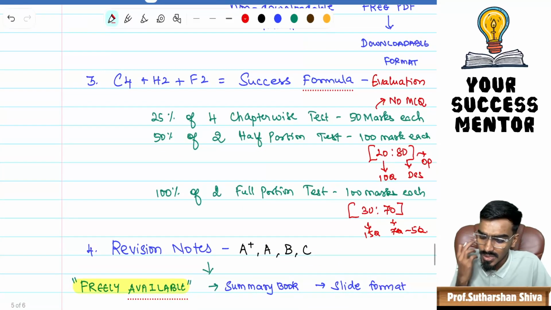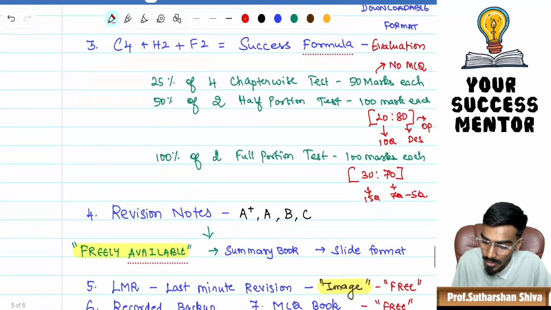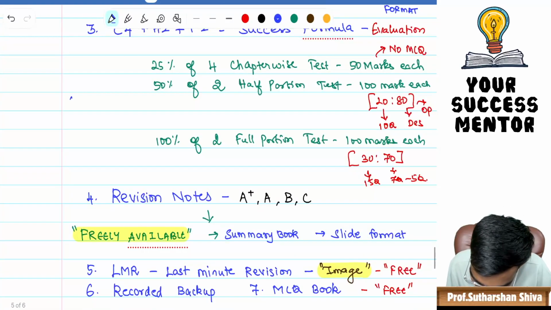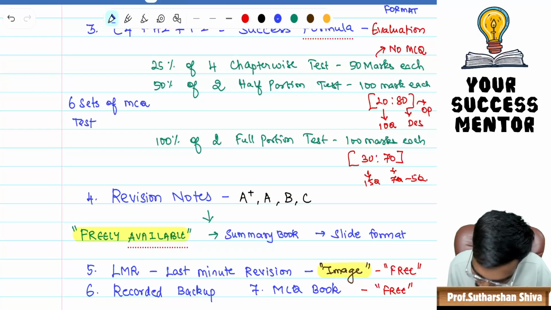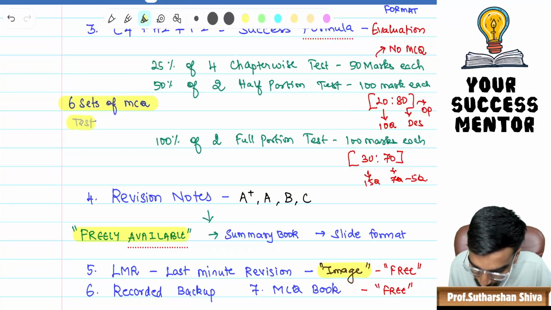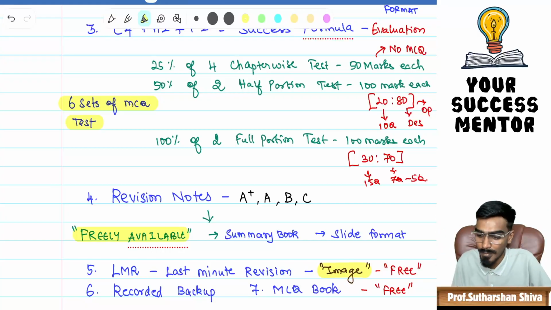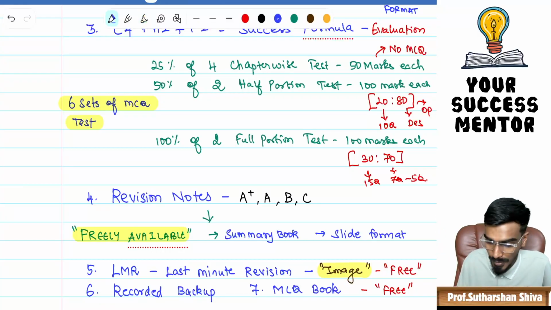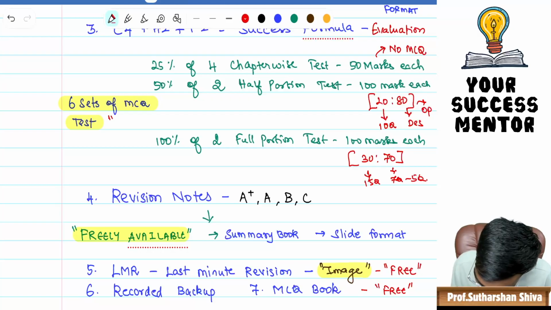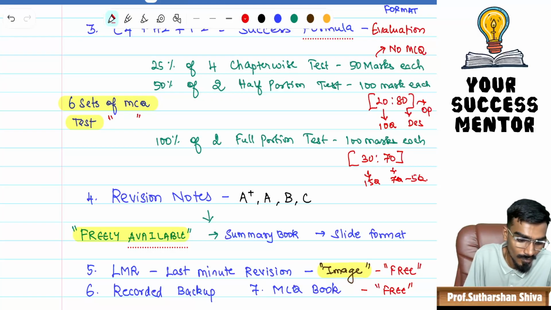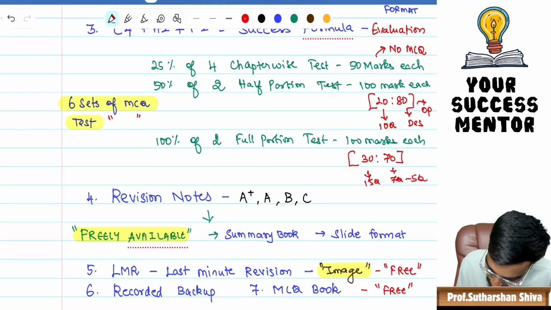Sir, you only said you will be only conducting this test series. No, you will be having 6 sets of MCQ test, which we are planning for pan India, across India. Planning it only for cost accounting.